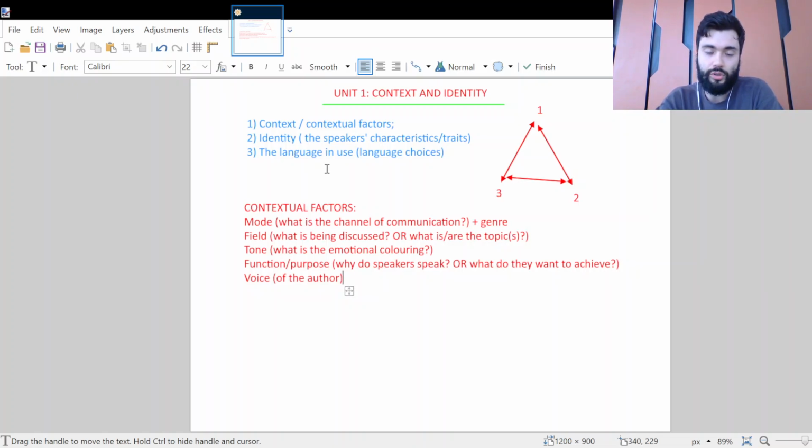And this is also something that can be considered. Voice of the author, which is let's specify, are there any specific features to the writer or speaker?